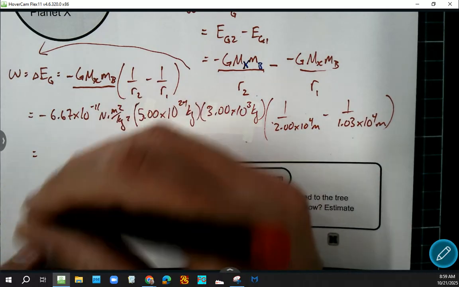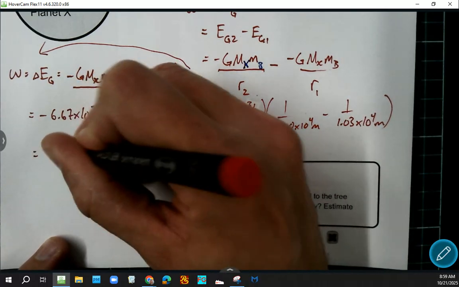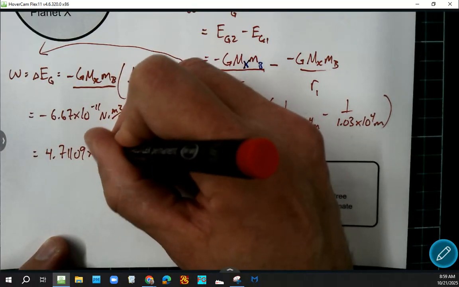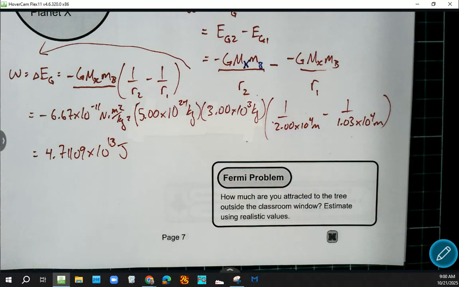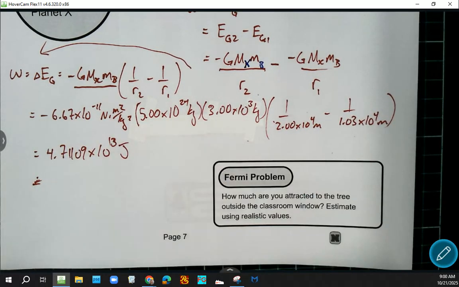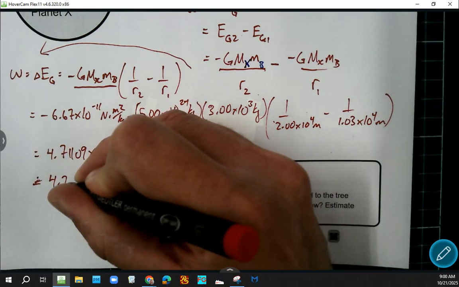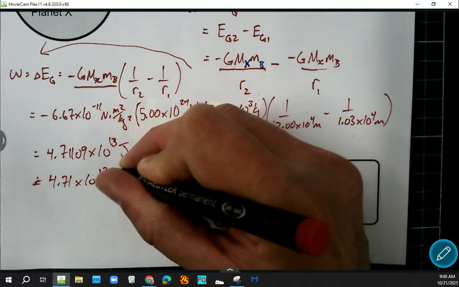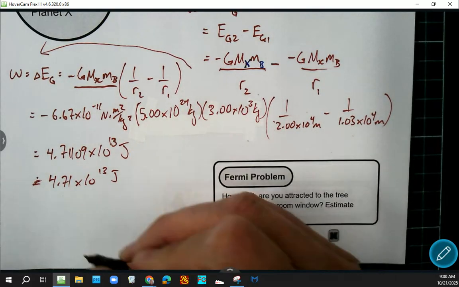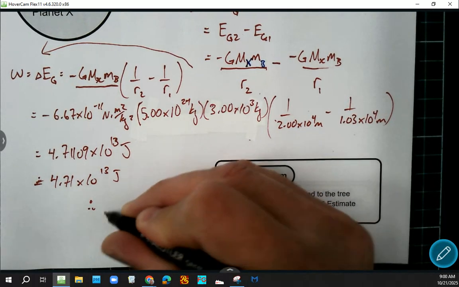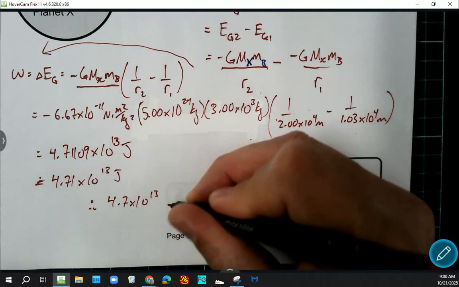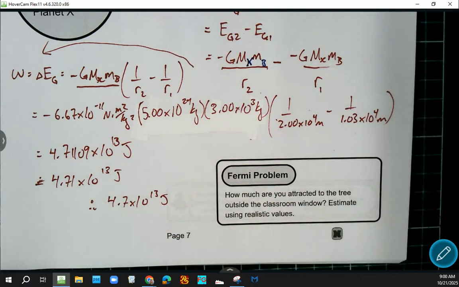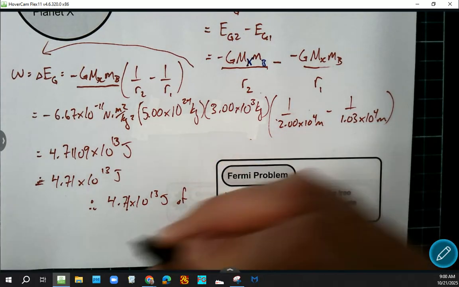You tell me if I got it right, because I don't always have it right. 4.71109 times 10 to the power of 13 joules. Of course, I'd have to round that off to 3 sig figs. You got it? Nice. All right. Motion carries 4.71 times 10 to the power of 13 joules of work.